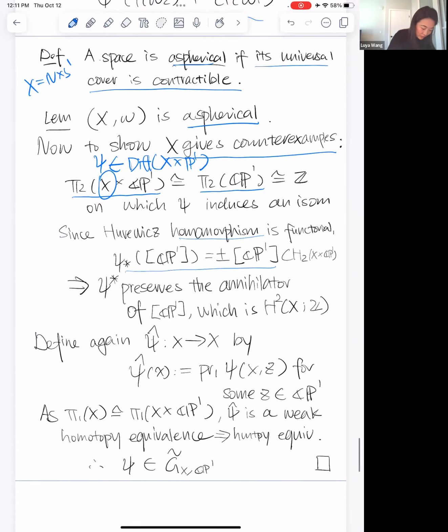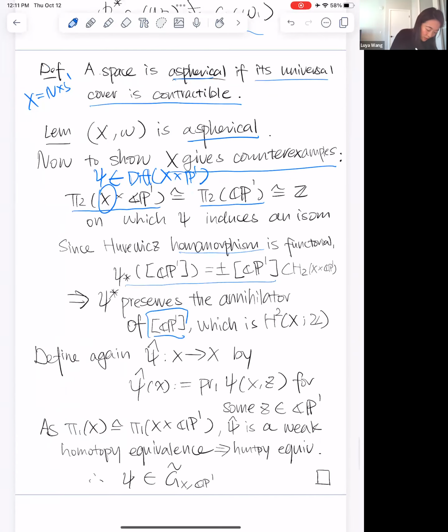This is a similar argument as before. If it preserves the homology class, then it preserves its annihilator, which is H upper 2 of X in this case, because we're considering the manifold X cross P1. Then you define a similar projection map, and we are left to see that psi hat is a homotopy equivalence.